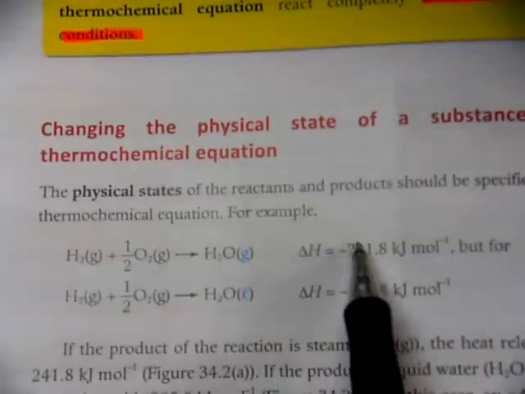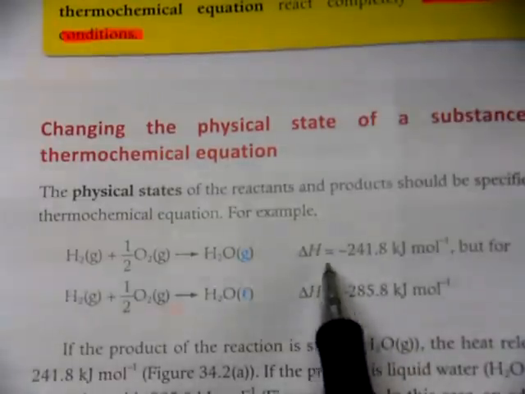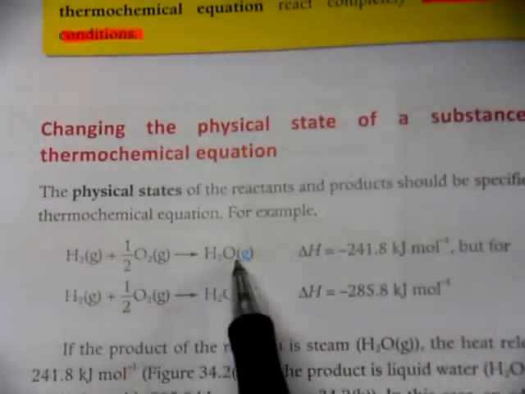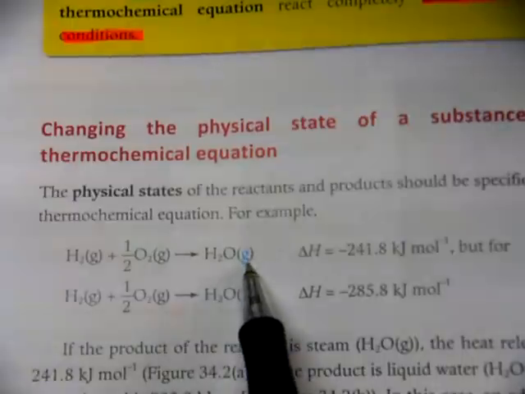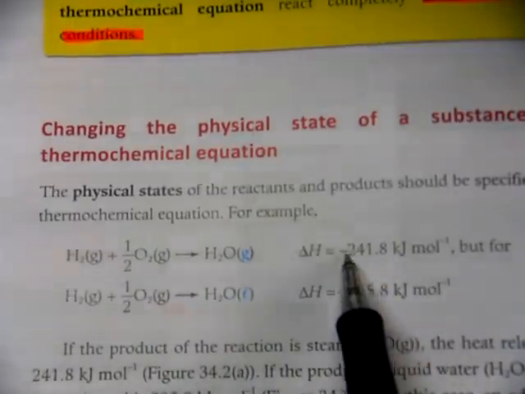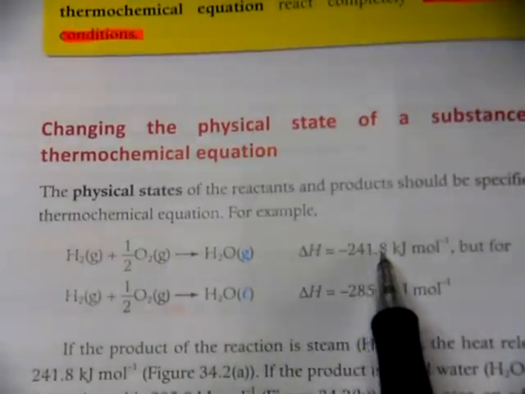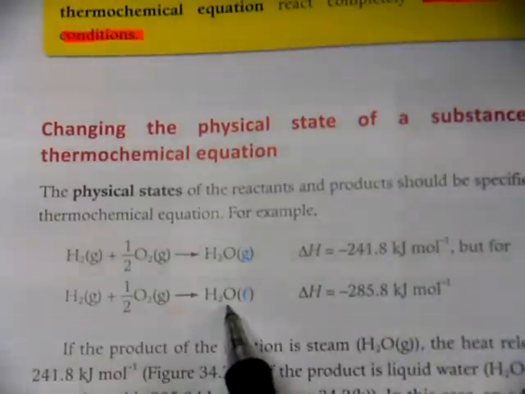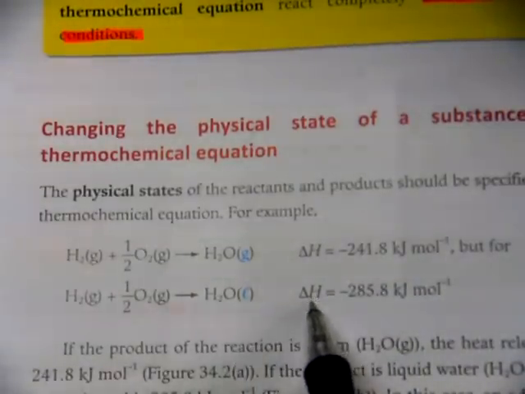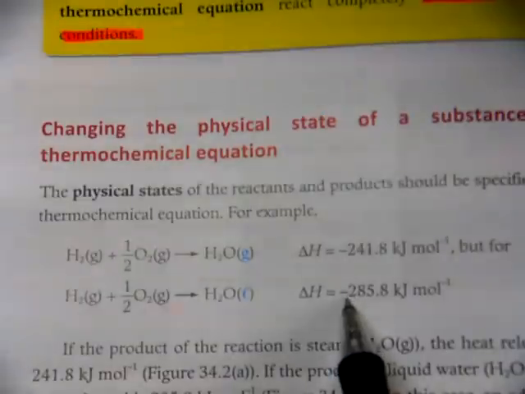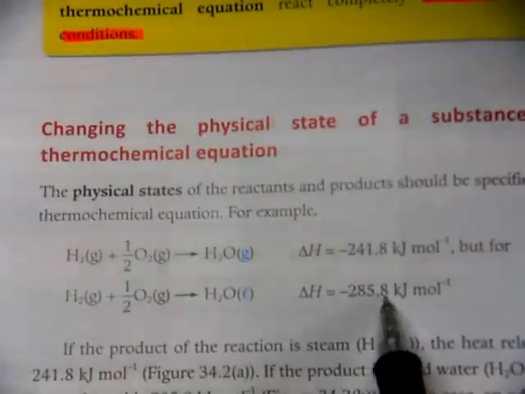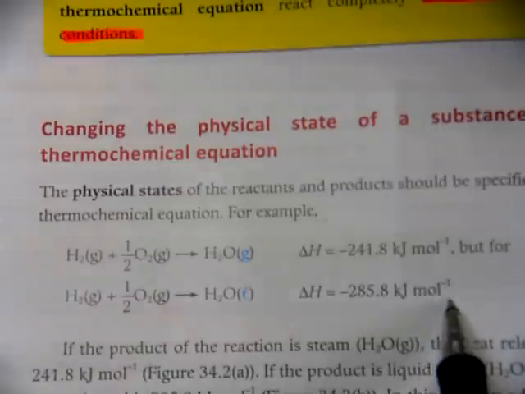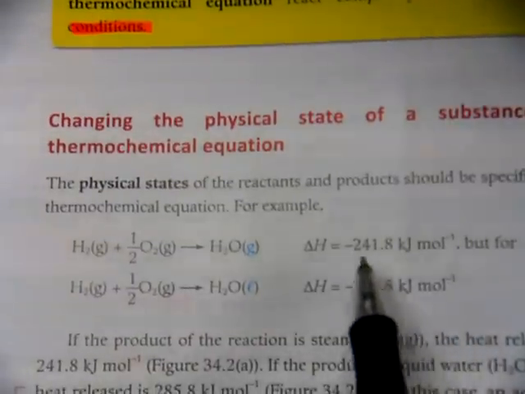They have different enthalpy change. If we are talking about the formation of steam, delta H is negative 241.8 kilojoule per mole. If we are talking about the formation of water, delta H is equal to negative 285.8 kilojoule per mole.